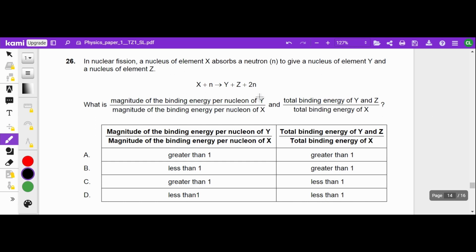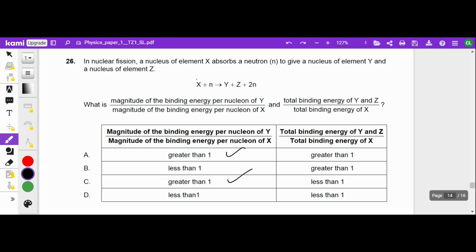Well, for the binding energy per nucleon of Y over X, we know that after decaying, the new product is always more stable. So it means it'll have a higher binding energy. So at least with this one, it'll be greater than 1. For here, the total binding energy of Y and Z and the total binding energy of X. Like I said before, the binding energy per nucleon is going to be higher for these than this one.